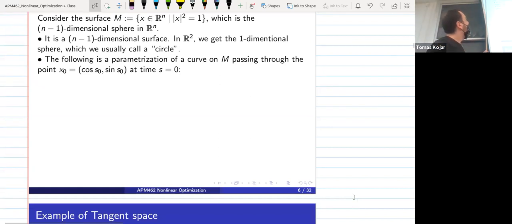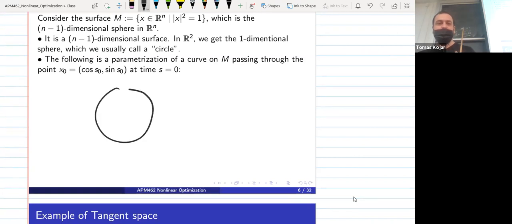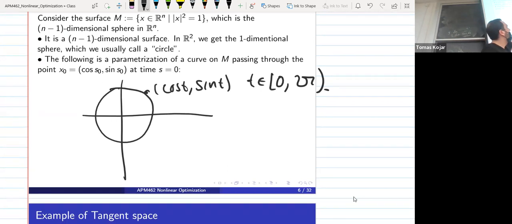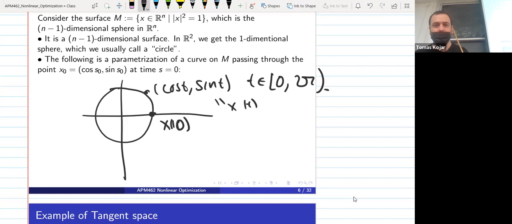Remember, the circle can be parameterized by cosine t and sine t for t in 0 to 2 pi. If you put t equals 0, you get this point. This is a curve x of t, and it starts from here, x of 0.